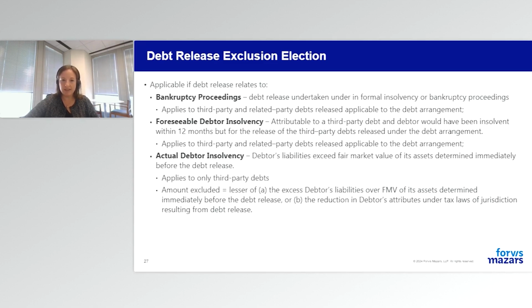Or lastly, it must arise when the debtor's liabilities exceeded fair market value of its assets immediately before the debt release. And for you to be eligible under the third situation, it has to be a third-party debt.